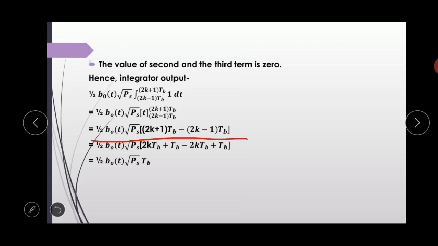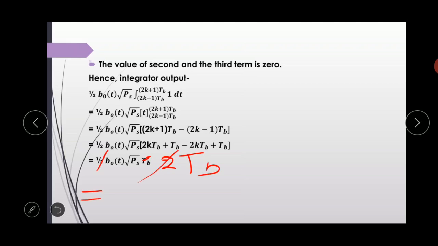After that we just open up these terms, so it is 2k tb plus tb minus 2k tb plus tb. So 2k tb cancels out, then here is the final equation, that is 1 by 2 b0 of t root ps into 2 tb. So the 2 cancels out.